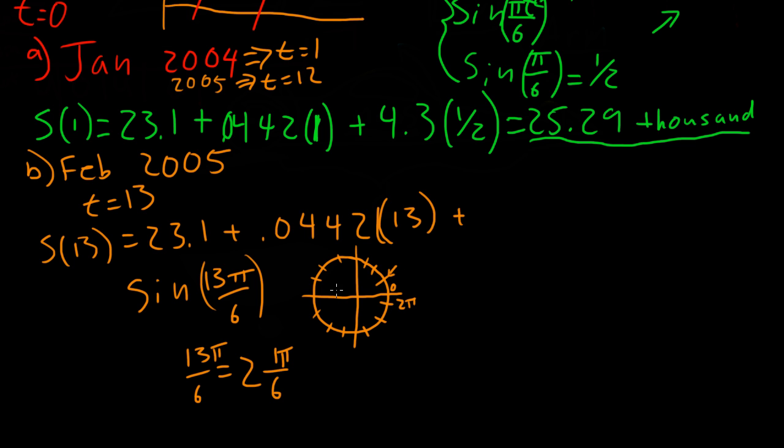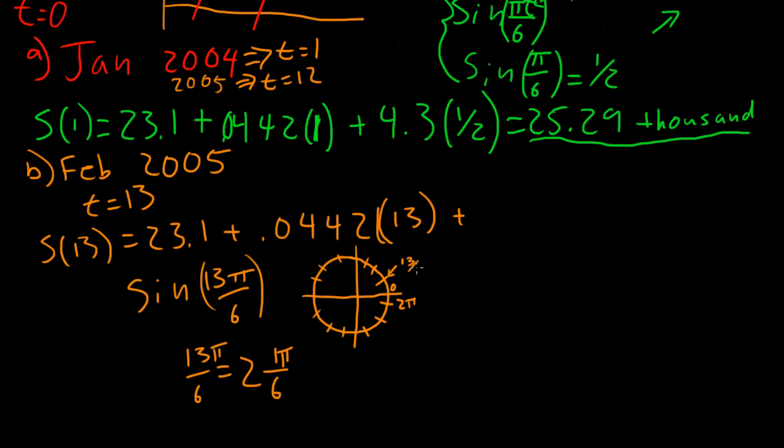Now just to show you another way to work this out, you can either do it this way where you simplify your little fraction here, or you can count around. So this is going to be 1 pi over 6, 2 pi over 6, 3 pi over 6, 4 pi over 6, 5 pi over 6, 6 pi over 6, 7 pi over 6, 8 pi over 6, 9 pi over 6, 10 pi over 6, 11 pi over 6, 12 pi over 6, and 13 pi over 6.